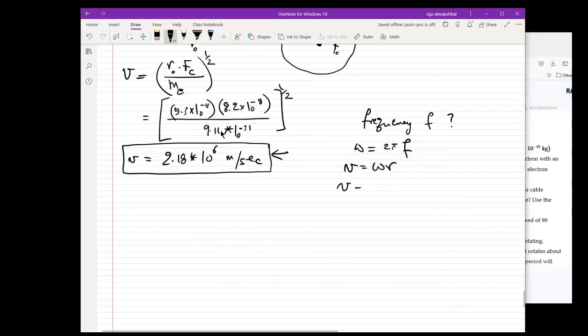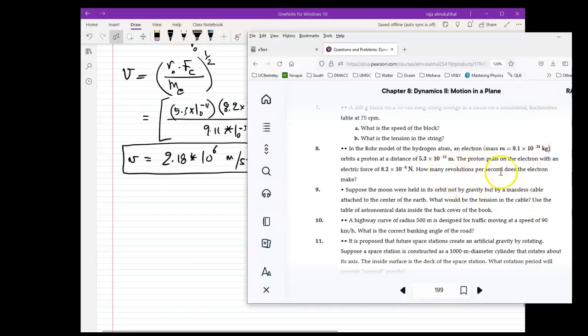Look at this. I have v equals omega r. Well, omega is 2 pi f, so v equals 2 pi f r. And so I can solve for f. So f will be v over 2 pi r. There we go. This is what he's looking for. He wanted specifically how many revolutions per second.